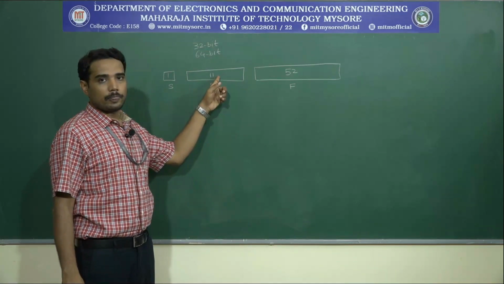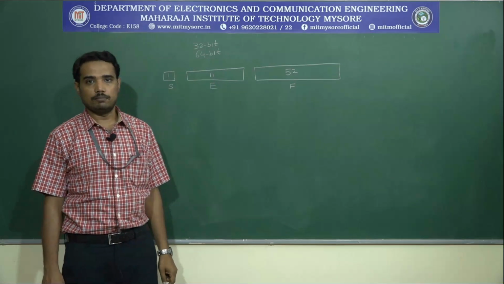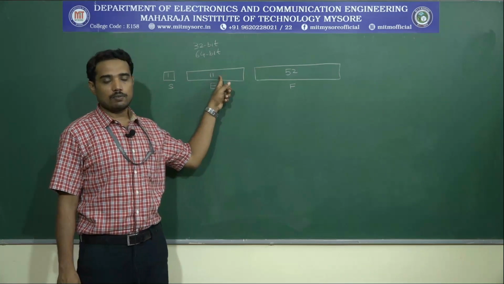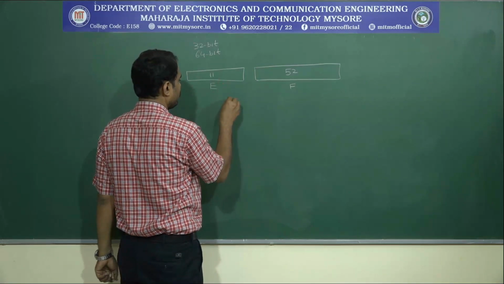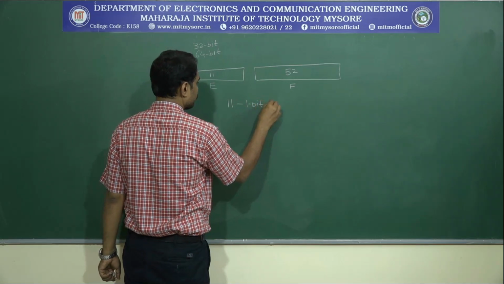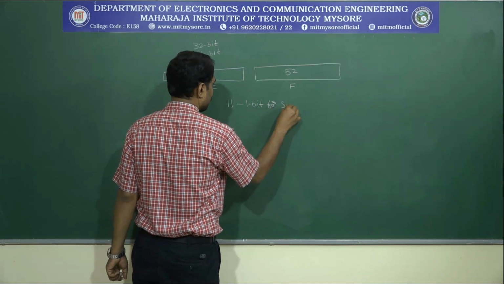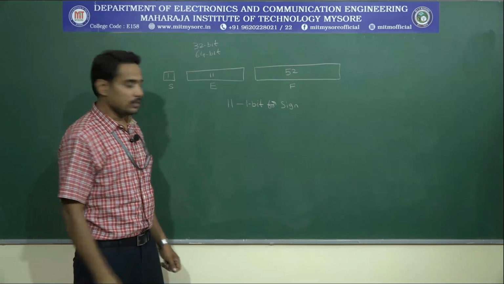In this case, what is the size of the exponent? The size of the exponent is 11 bits. If this is the case, what is the value of bias? The bias is, out of 11 bits, 1 bit is meant to indicate sign. Then we are left with 10 bits.